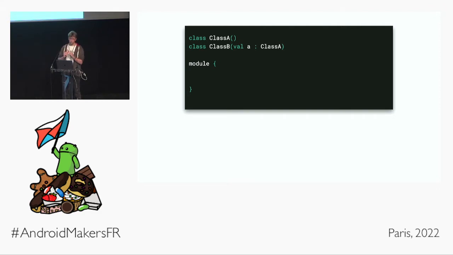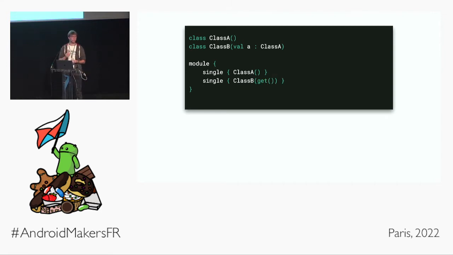If I have those two classes here, I can describe them directly in a Kotlin DSL. This is something that is compiling in your code, and then you are describing the components that you want to inject in your application. And as you may know, we fill the constructor to say to Koin: retrieve me the dependency I need here.